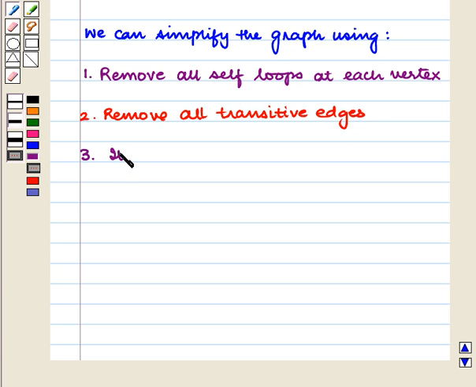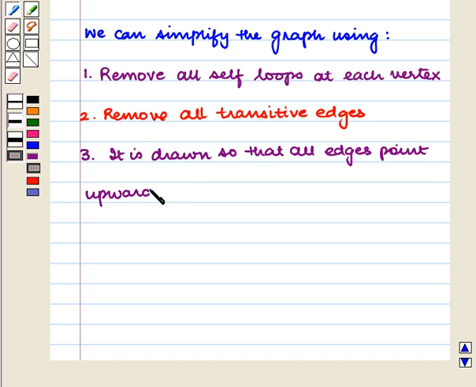It is drawn so that all edges point upward, eliminating arrowheads.